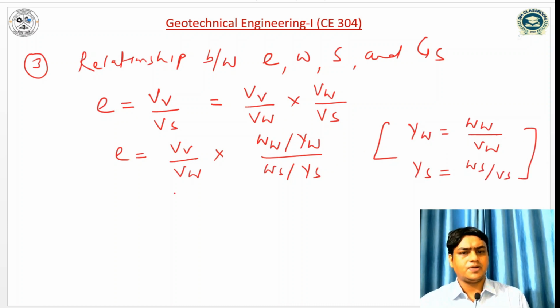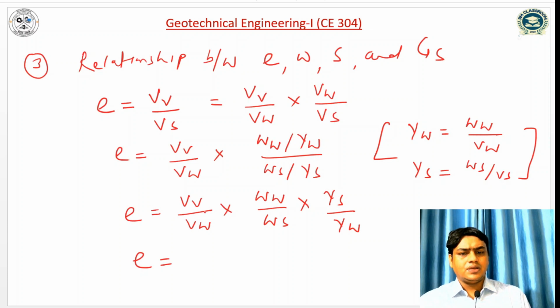So we can write volume of void by volume of water into weight of water by weight of solid into gamma S divided by gamma W. We know that volume of water by volume of void is degree of saturation. So we can write 1 by S into weight of water by weight of solid, which is water content, into gamma S by gamma W, which is the specific gravity of solid.